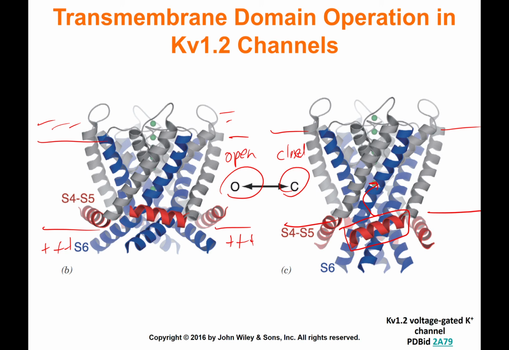What actually stops them from being open is there's a portion of the protein that's out here called the inactivation ball, and it's basically moving around randomly, but eventually it'll find its way and insert itself into the pore, right, and basically plug up the pore until the conformational change occurs from open to closed. So it basically plugs a channel at a certain point in time until the channel itself can reclose. All right, that's the whole role of the inactivation ball.